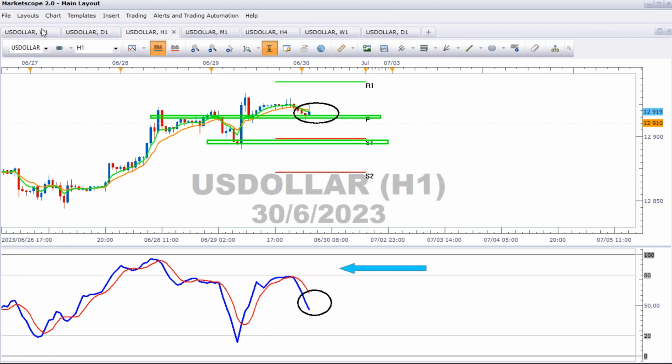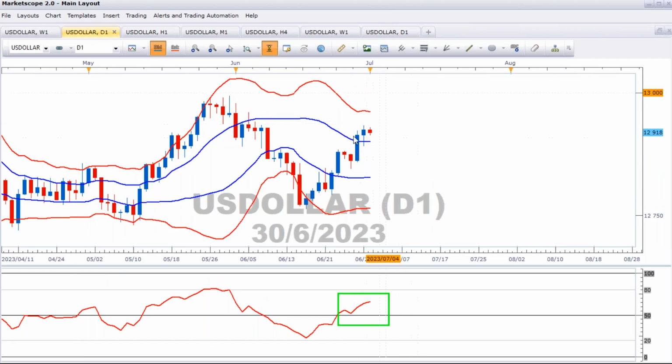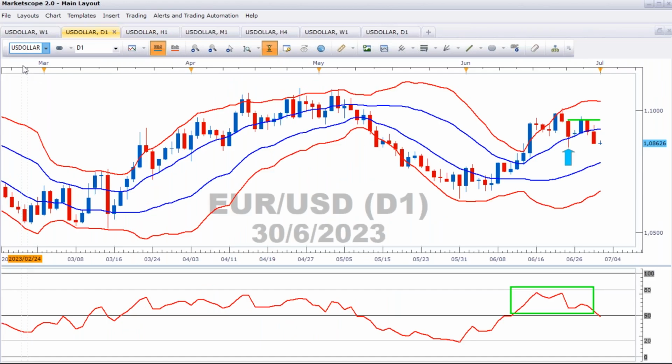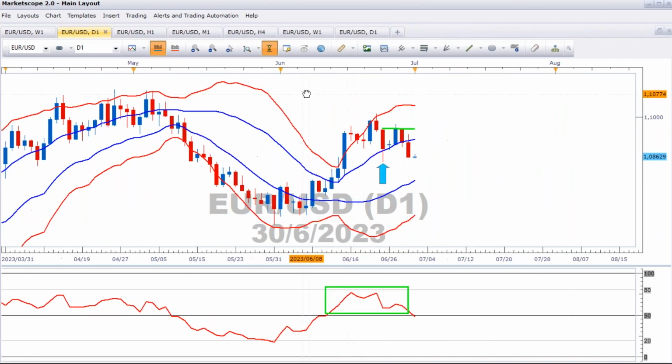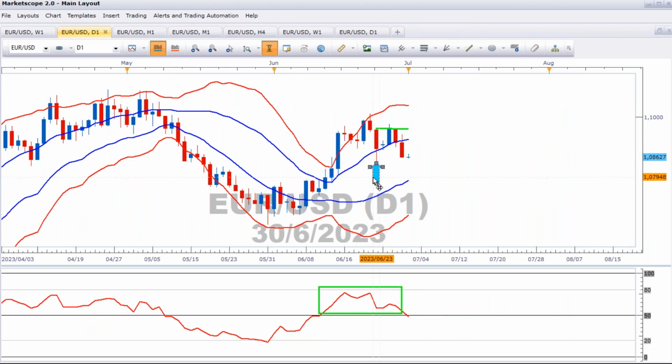So if the dollar has moved into zone 1 on the daily, let's just take a look at euro, see what's happening on the euro side of things. All right, and what's happened with the euro? It actually is showing some signs of weakness.